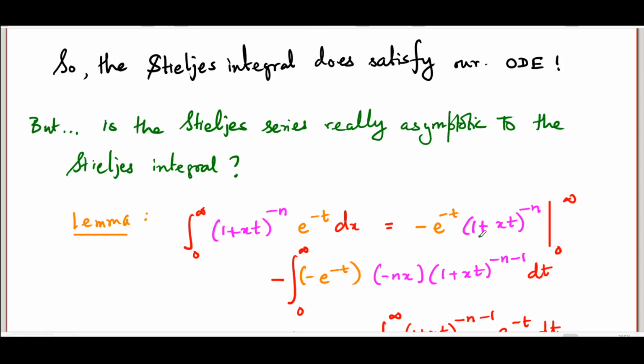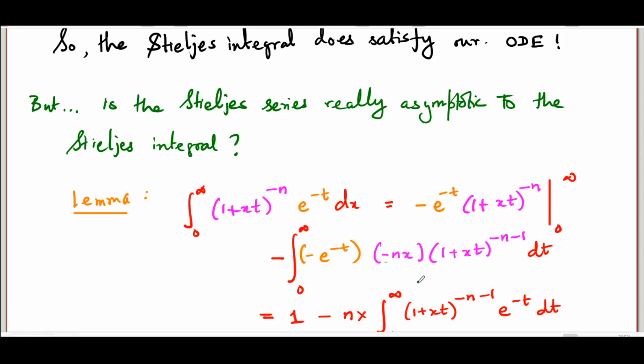So you end up with one term, the integrated out term, where you integrate e to the minus t to get minus e to the minus t, times 1 plus xt to the minus n, from 0 to infinity. And in the second term, you subtract minus e to the minus t times the derivative of 1 plus xt to the minus n, which is minus nx into 1 plus xt to the power minus n minus 1. Minus nx, note, you are differentiating with respect to t here, and x is the parameter which is treated as a constant. So, because it's xt here, you will get an extra x.